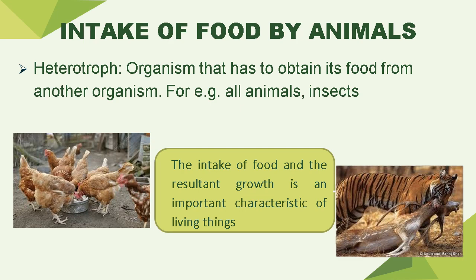Animals such as goats, sheep, and horses eat grass, while wild animals such as tigers and lions meet their need for food by hunting other animals which live on plants. Therefore, the intake of food and the resultant growth is an important characteristic of living things.